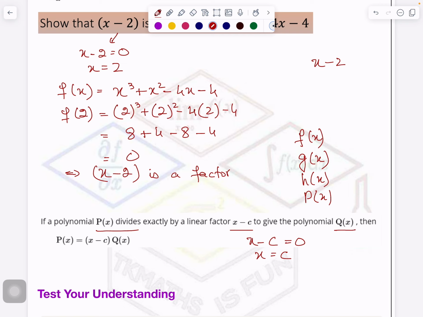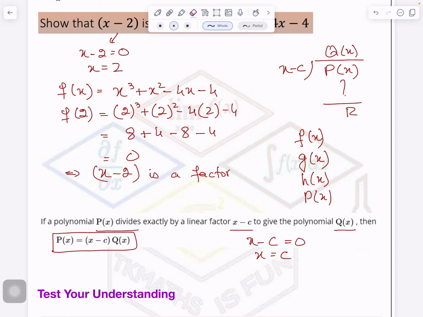Again, I'm telling you it's very important to understand this language, because that will make a generalization of the concept. The quotient will come here and then your remainder is here. So what do we get from here? Do you get this thing or not? p of x is equal to x minus c times q of x.